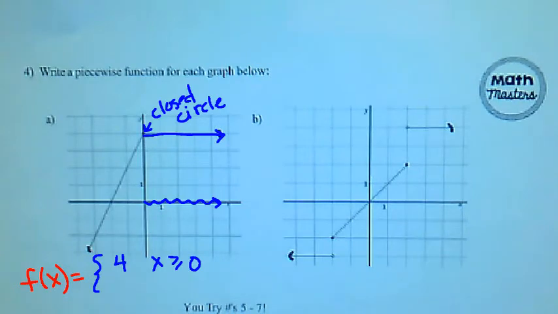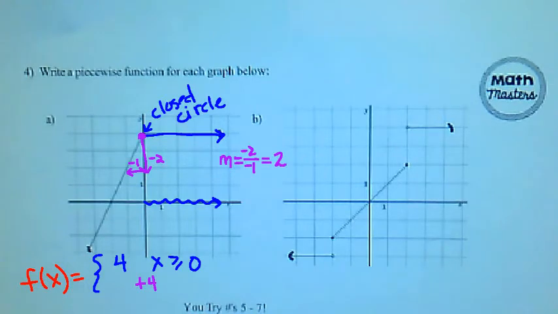Now for the other part, we have to do a little bit of searching. We're practicing our linear equations. It is at 4, so we know it's going to be plus 4. And then I see that it goes down, so m is equal to -2 over -1, which is equal to 2.